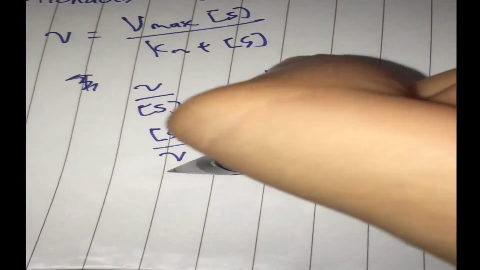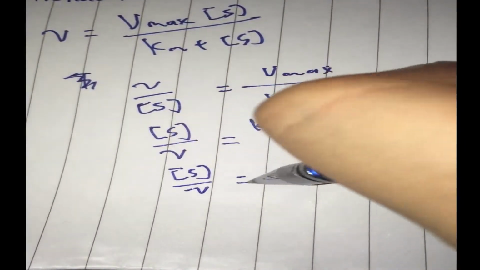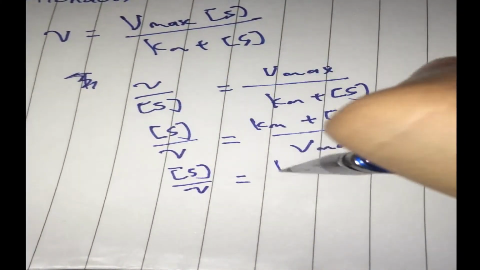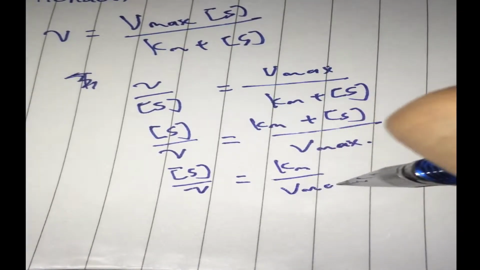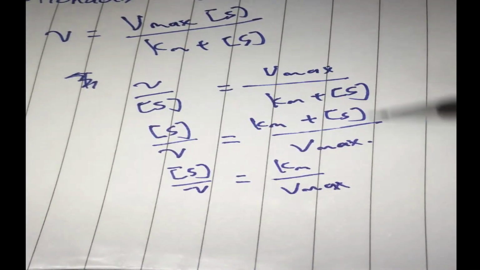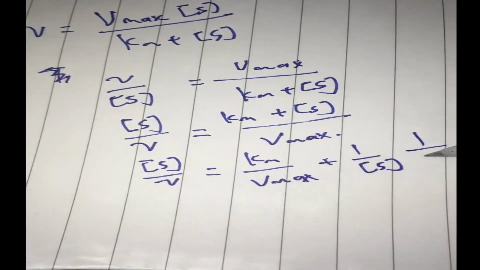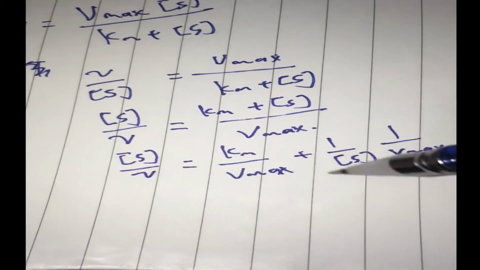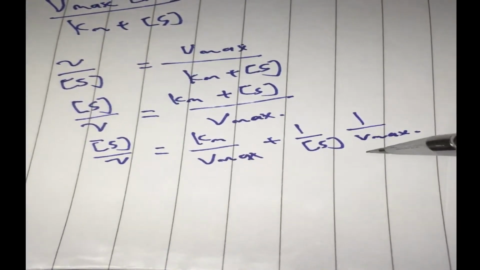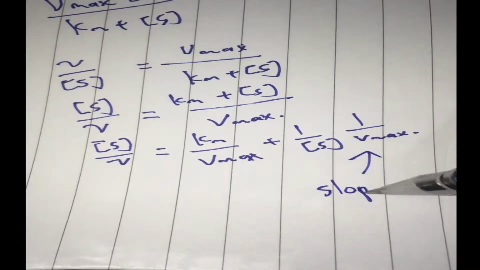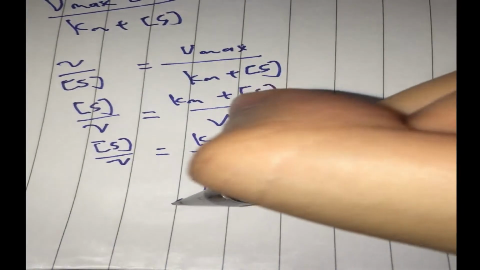And so we have S by V on the left hand side. So we have Km by V max plus 1 by S, 1 by V max. And so we'll have a gradient, this slope, and this is the intercept.